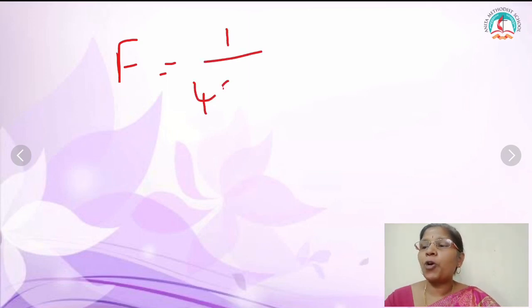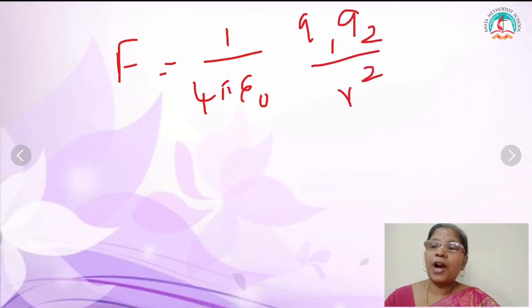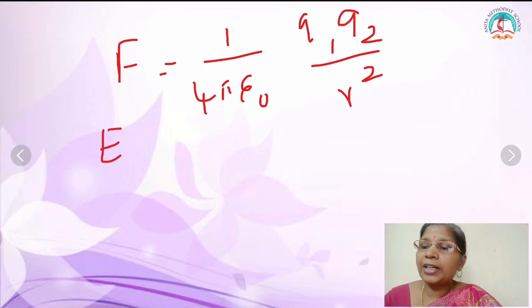Okay, so remember, up to now with the help of Coulomb's law you calculated the value of force. Compare and learn. 1 divided by 4 pi epsilon 0, Q1 Q2 divided by R square. This is the formula for which one? Coulomb's law. And you calculated the value of electric field.